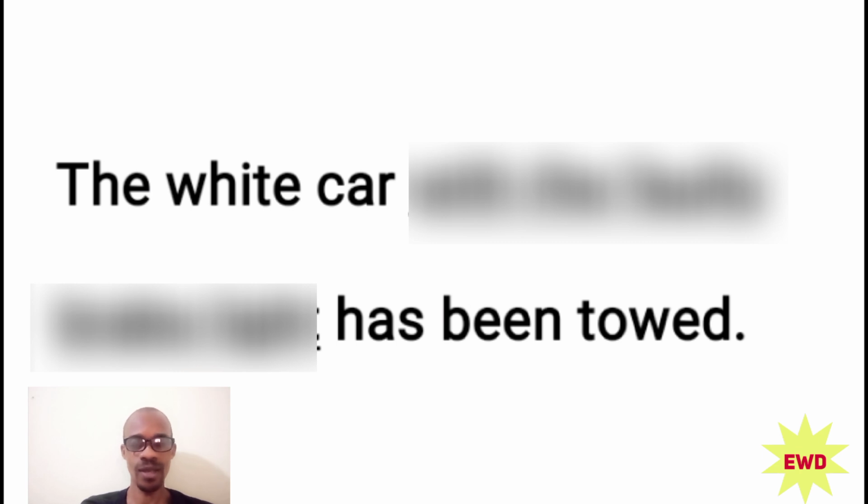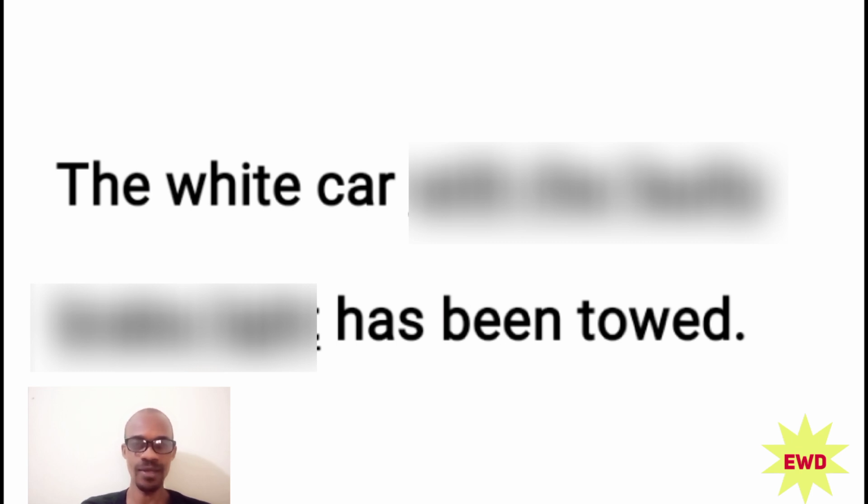Now you can see that this makes complete sense. The sentence is complete without the underlined part. That means the underlined part is only providing additional information, about a particular element in the sentence.